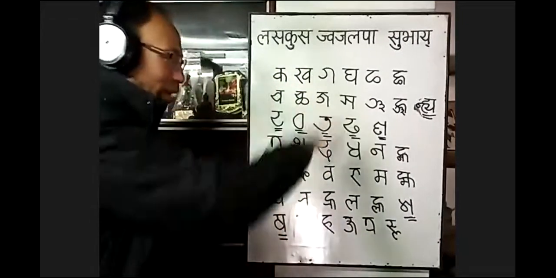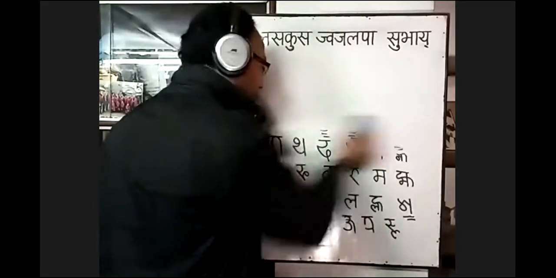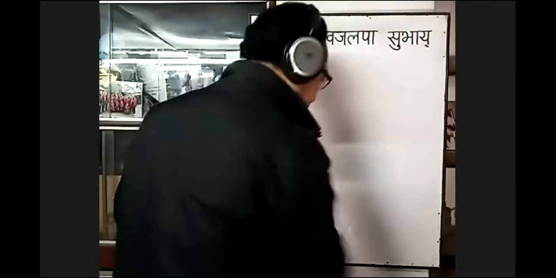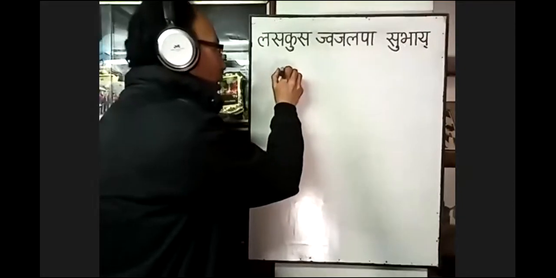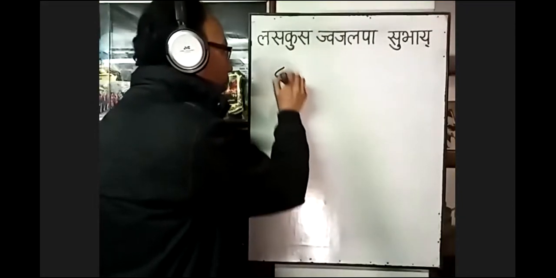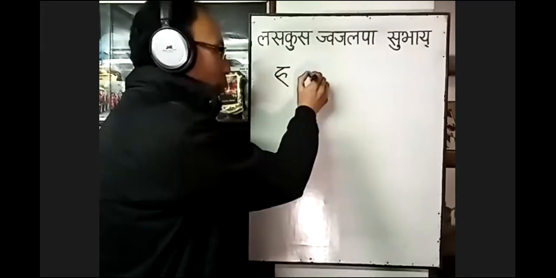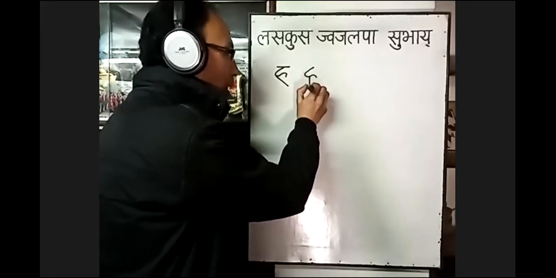Okay, shall I delete this? Okay, I'm erasing this. So here it is. This is ha. When you write ha, you write it like this.